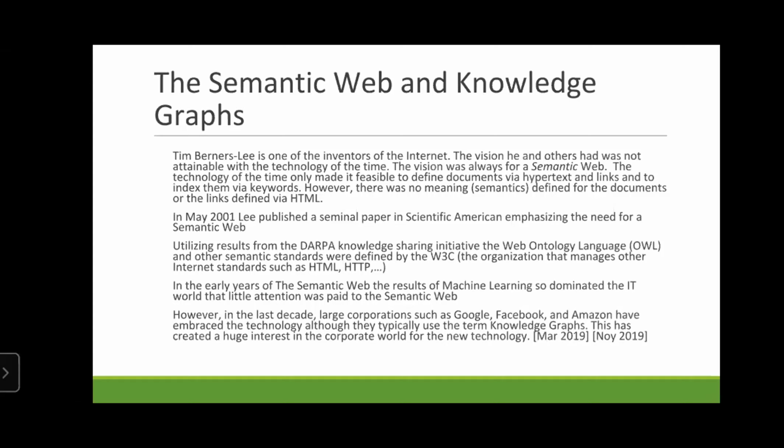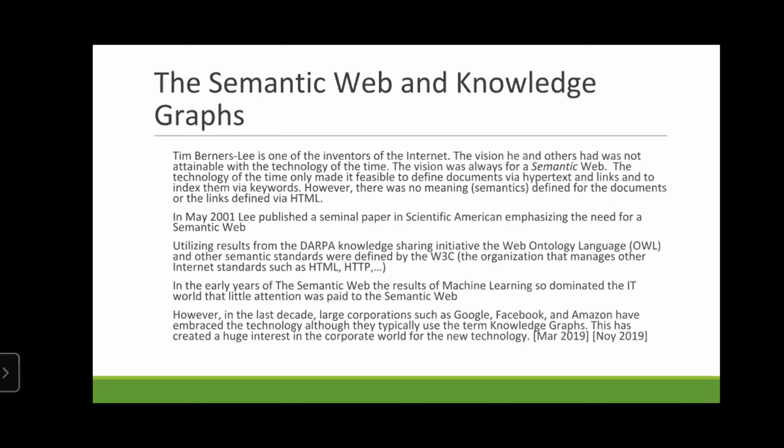But in the last decade, large corporations that are very influential in terms of how businesses see their IT world, and specifically Google, Facebook, and Amazon, have all embraced the technology in a really big way. Now, when they talk about the technology, they usually use the term knowledge graphs, but if you look at the technology that they use, it's for the most part the exact same technology as the semantic web.